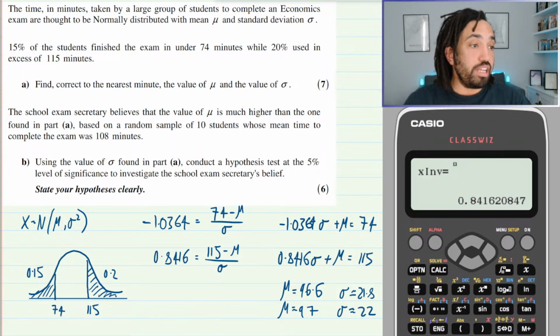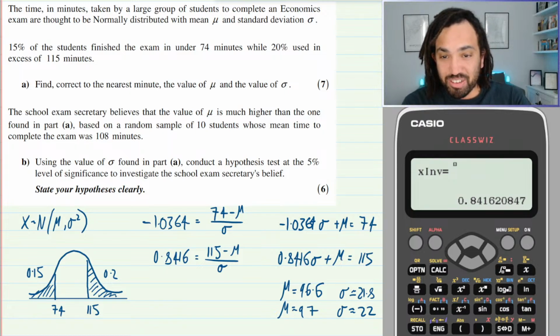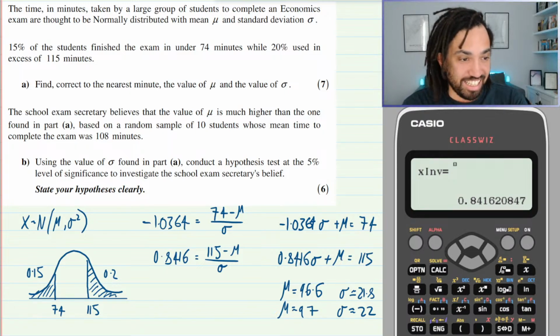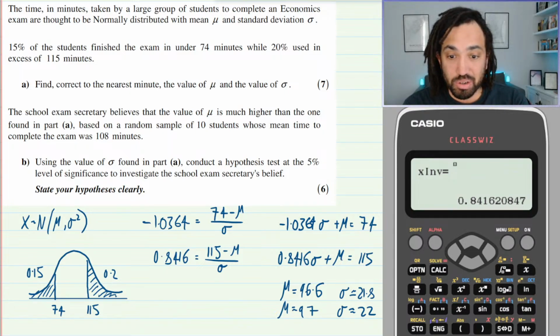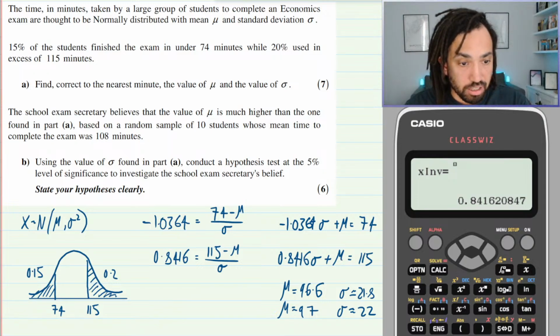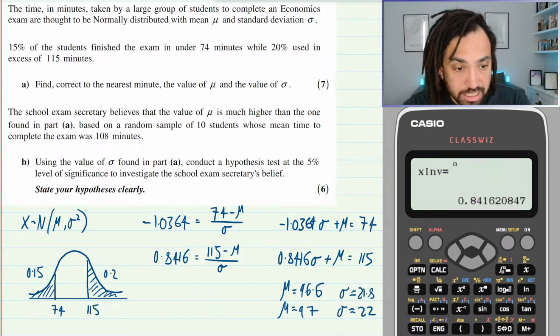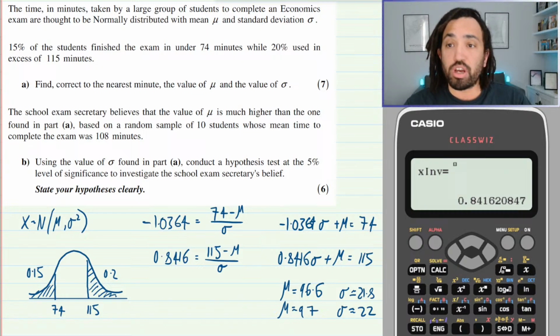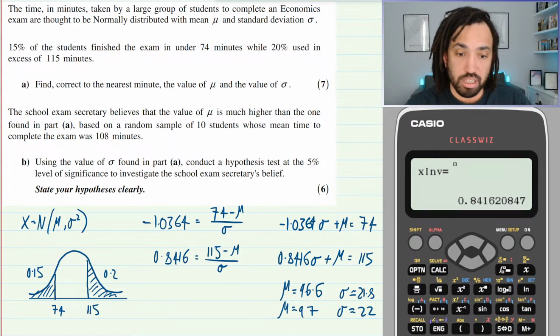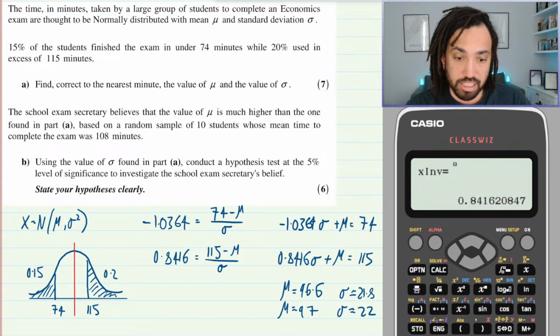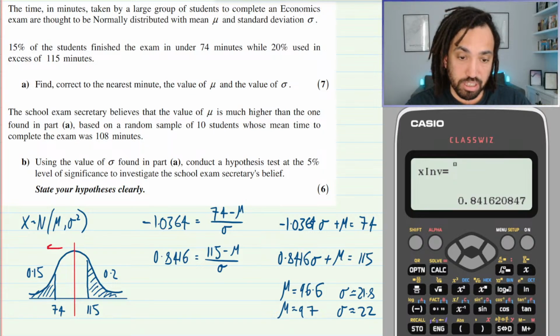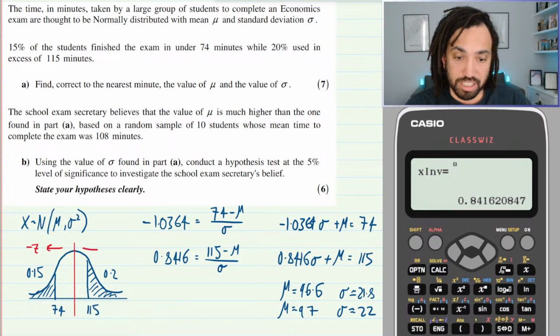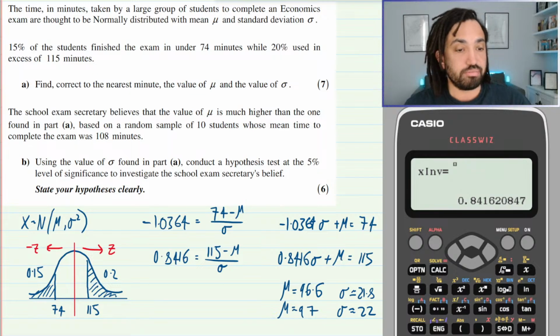Okay, we've got a hypothesis test next. Now there is something so important. Oh yeah, that's negative. No, I got that as negative. No, that should be positive. We know the Z values: if it's on this side, the Z values to the left are negative, the Z values to the right are positive.